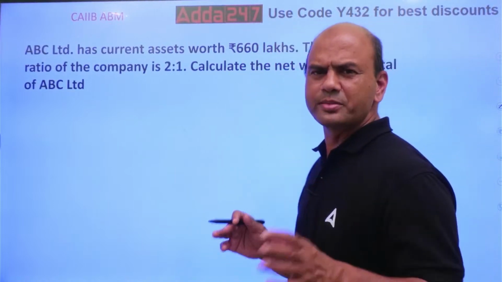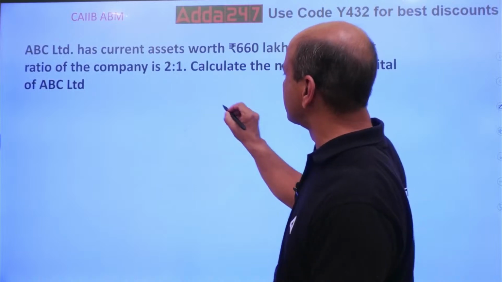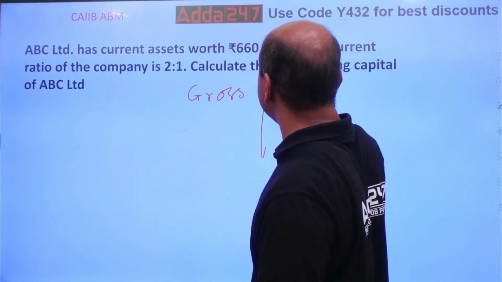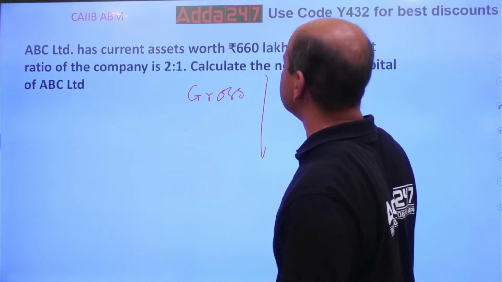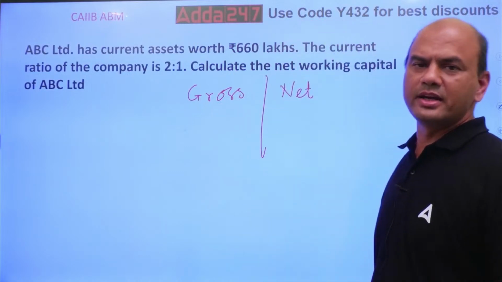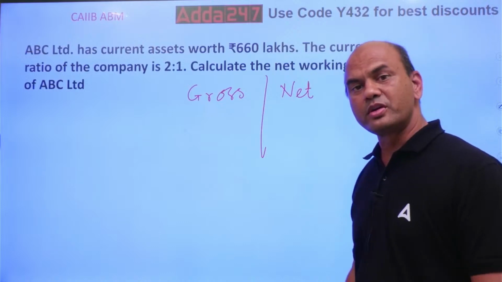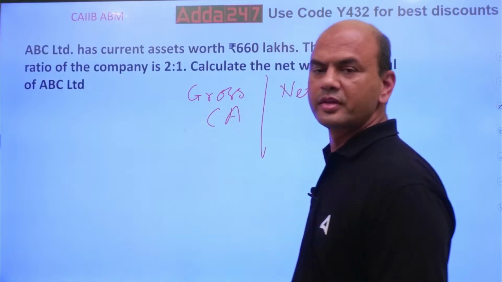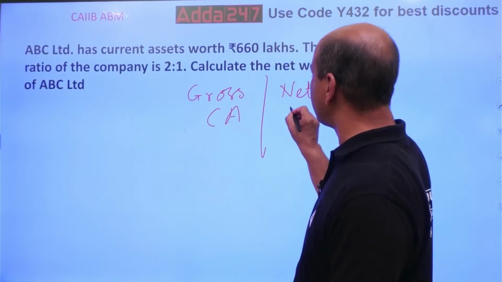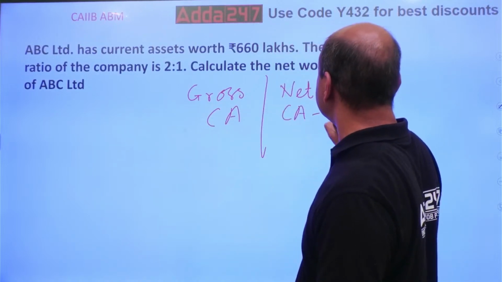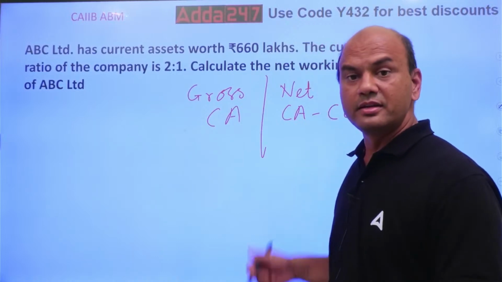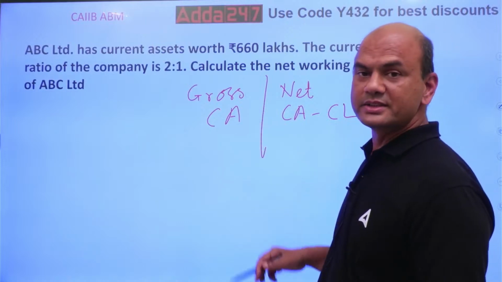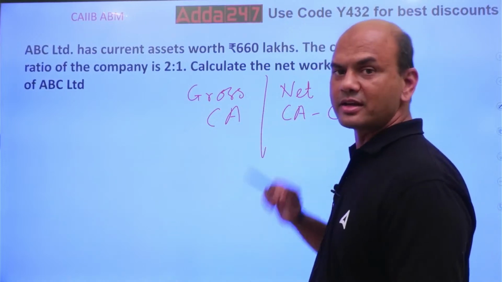You have two types of working capital, one is gross, and the second is net. Gross means your total current assets. Net means current assets minus current liabilities. So gross means total current assets, net means current assets minus current liabilities.